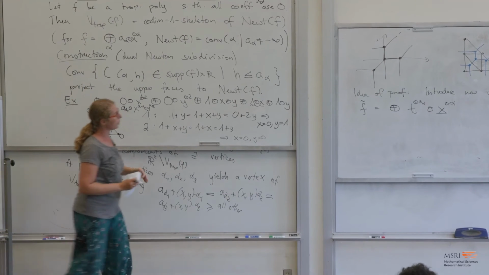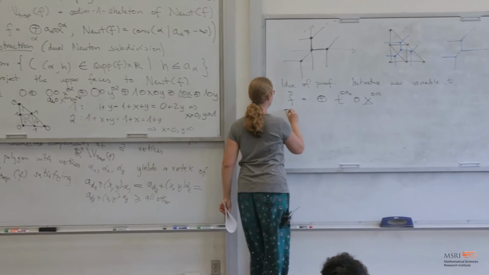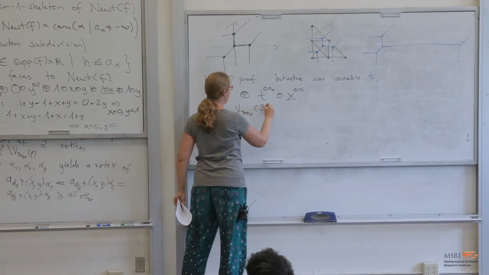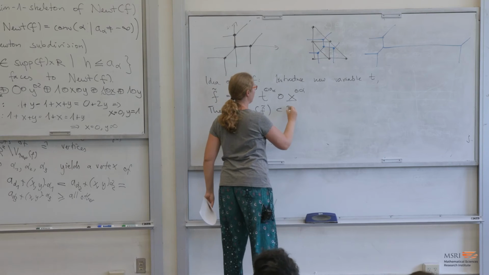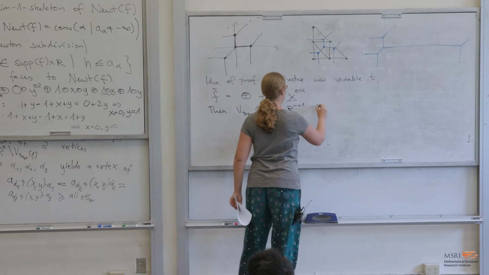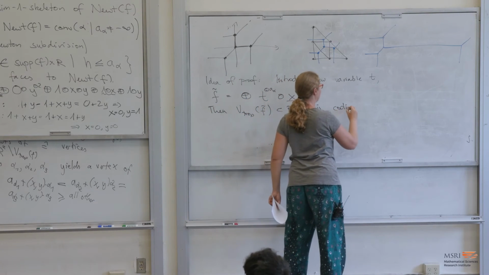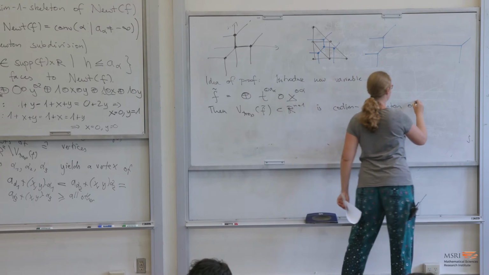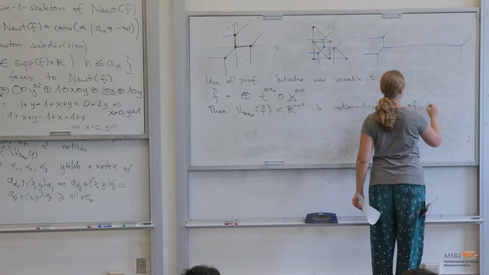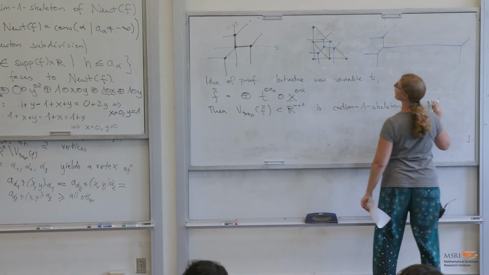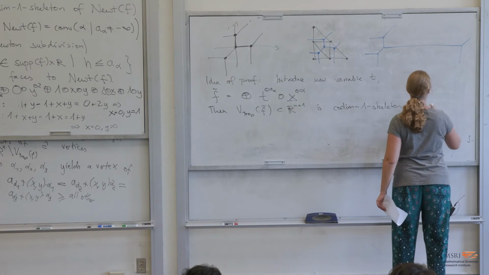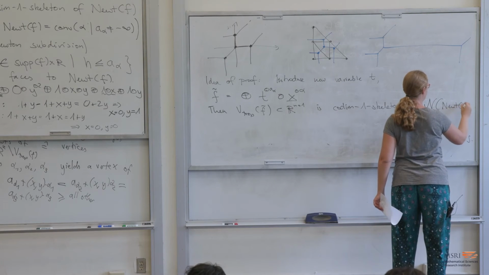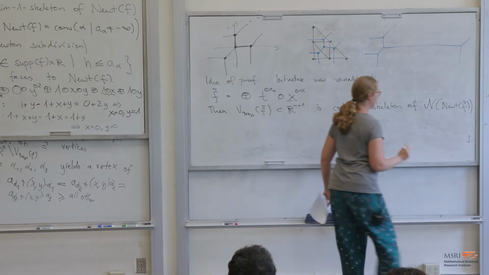And then V trop of f tilde, which now lives in R to the n plus 1, of course, is the codimension 1 skeleton of the normal fan of the Newton polytope of f tilde.